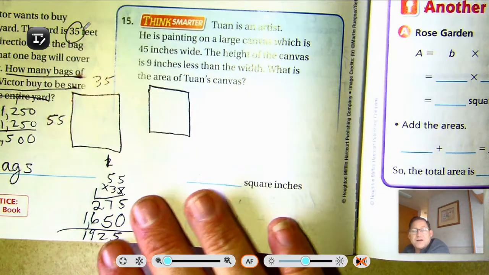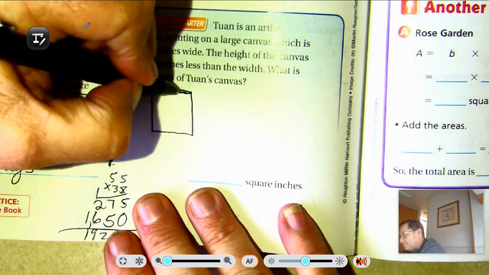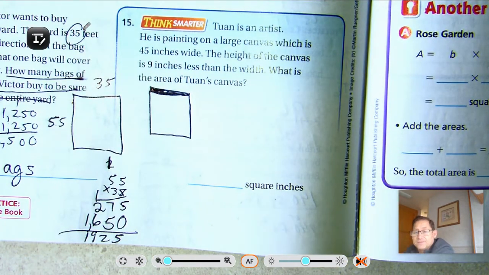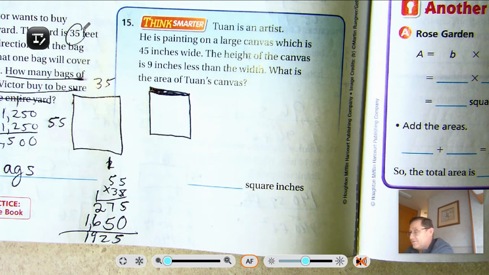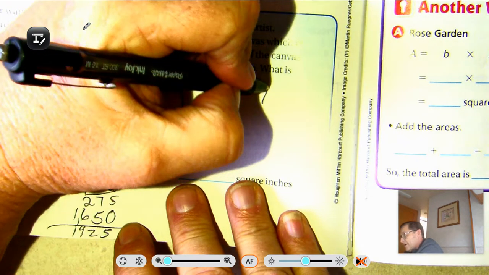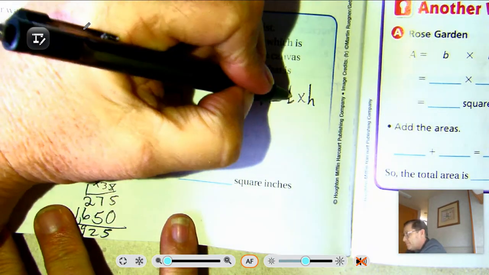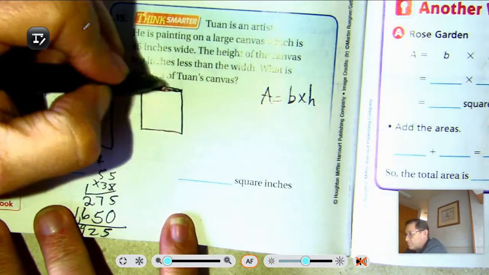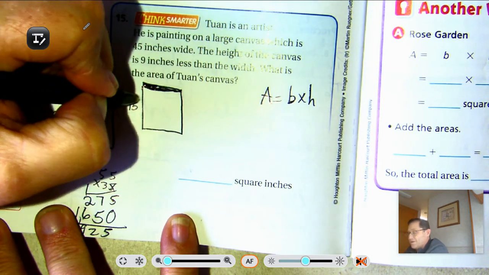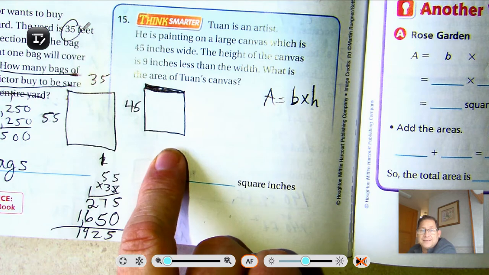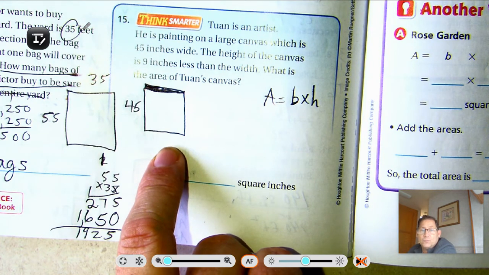So it really doesn't matter what side you call the base. I'm sorry, the width. Because we're going to use the formula area equals base times height anyway. So let's just make that 45. And the other side, what they're calling the height.